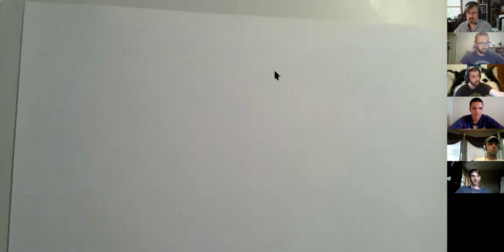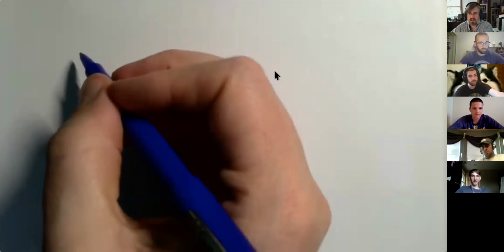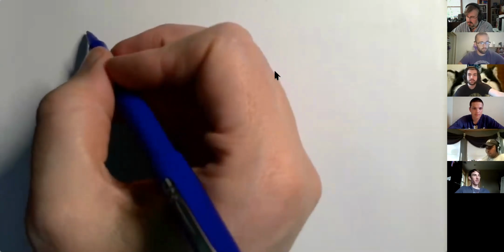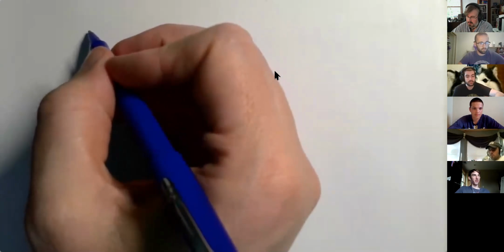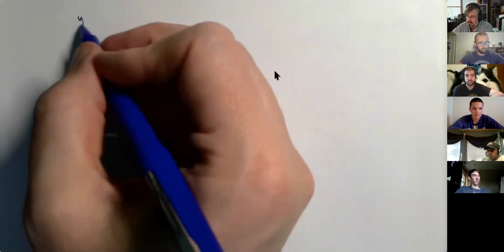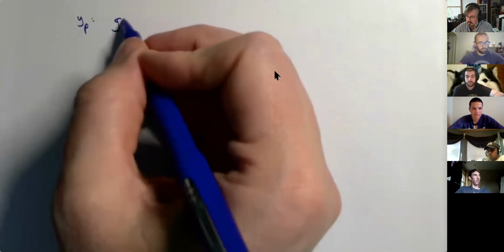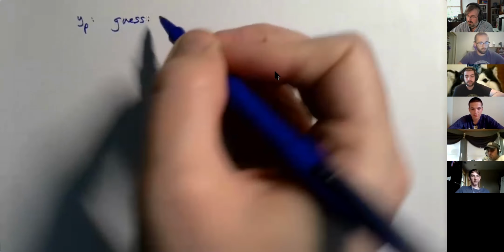So what we did is we did roughly the same technique that we used for problem 7 on the homework. And okay, walk me through. All right. So we started off with, I was in charge of y sub p. So we had it equal to cosine. So I did the y sub c stuff. Okay.